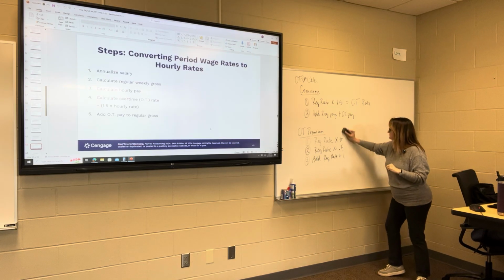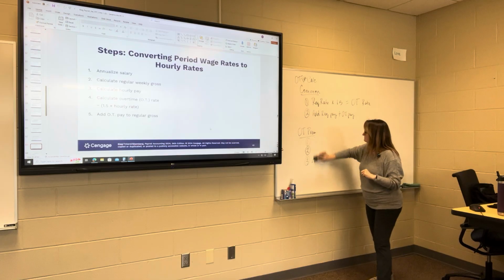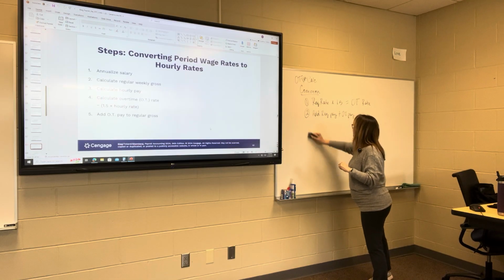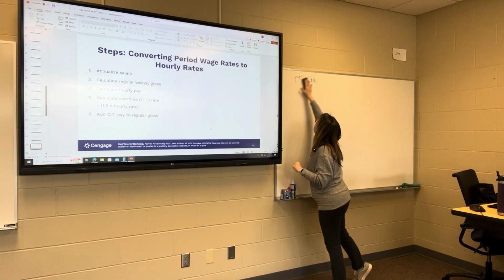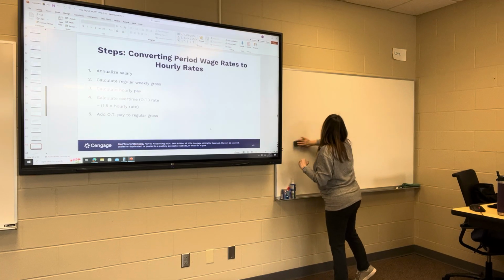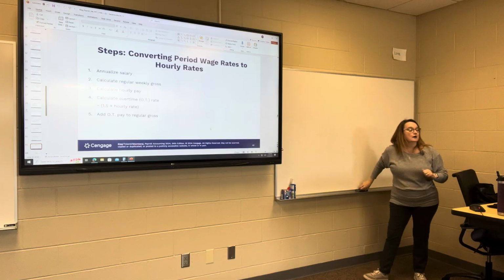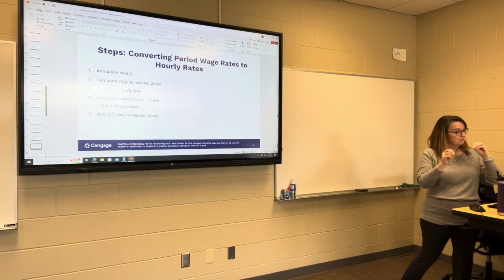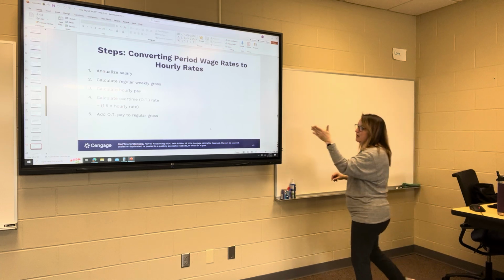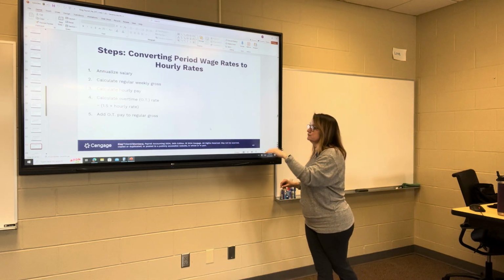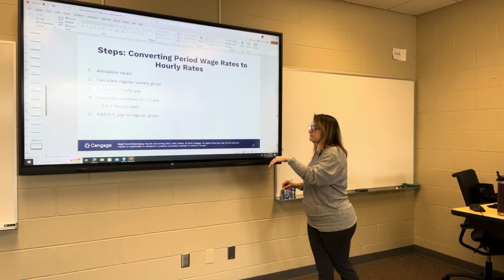All right, so we know the difference between exempt and non-exempt employees. We know the 3 methods that we can calculate overtime if we've got an employee who works at different rates. We know the difference between the common method and the overtime premium method.